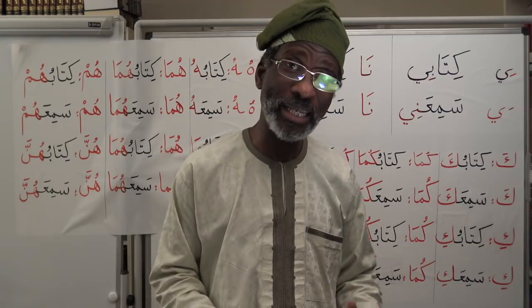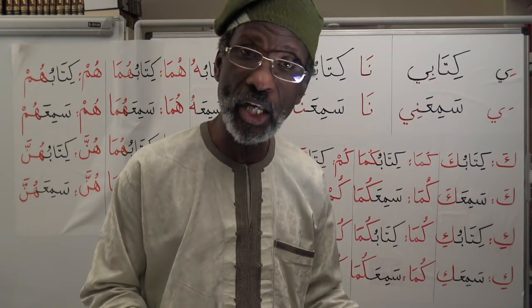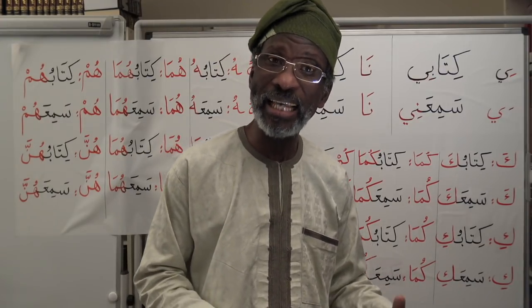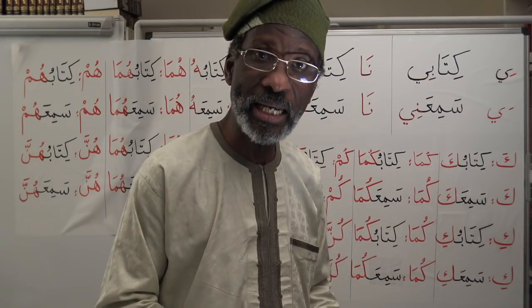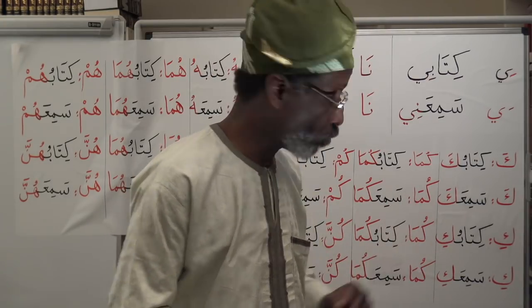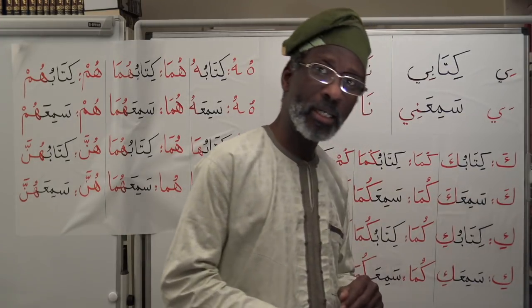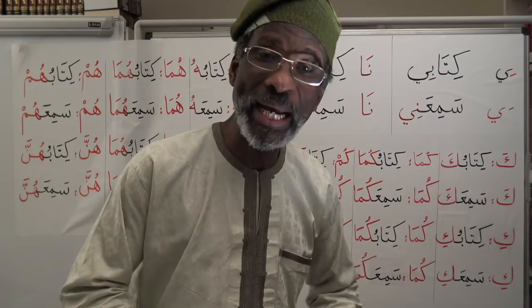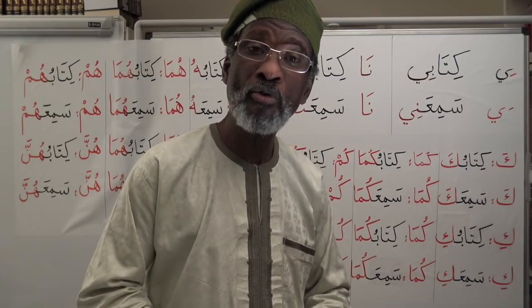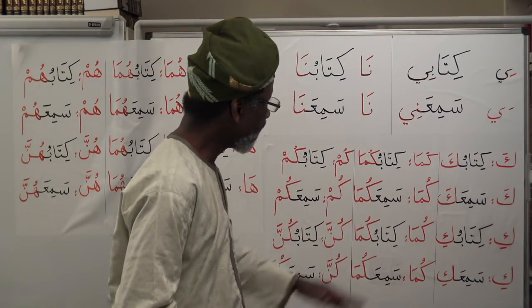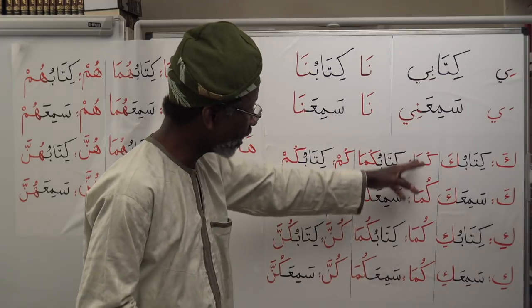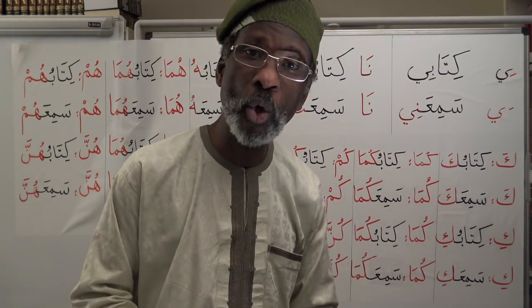For feminine, you say kitabuki, your book, and sami'aki, he heard you. So we have the ka and the ki, depending whether you are speaking to masculine or feminine, singular. Here now we have same kaf, but in the form of duo, becomes kuma.